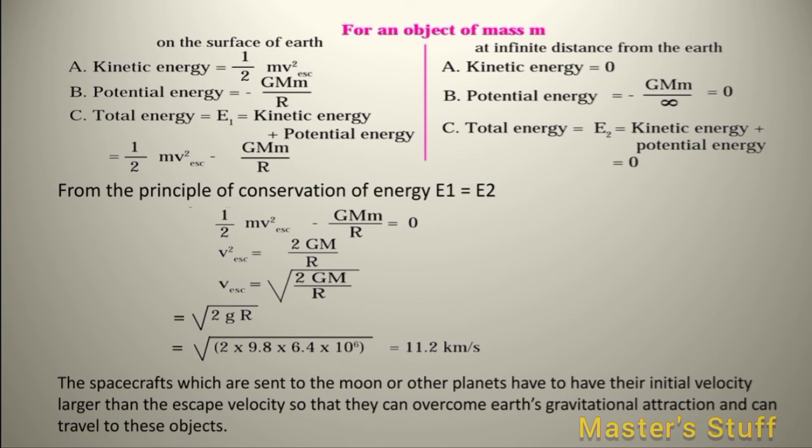Thus, multiplying and dividing 2GM upon r by r, we get escape velocity equal to root 2 into small g into capital R. We already know the values of small g and capital R are 9.8 and 6.4 into 10 raised to 6 respectively.